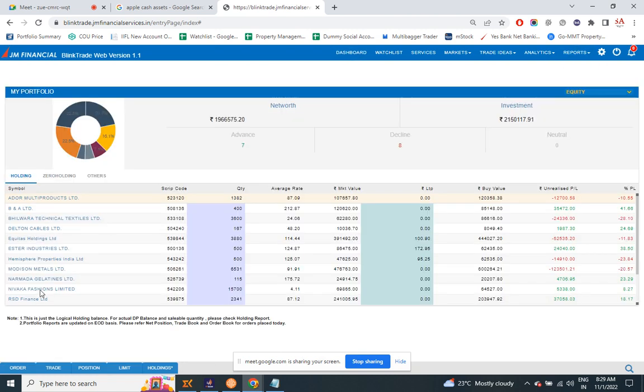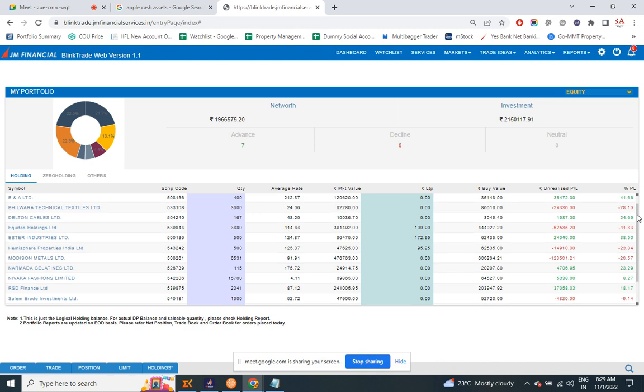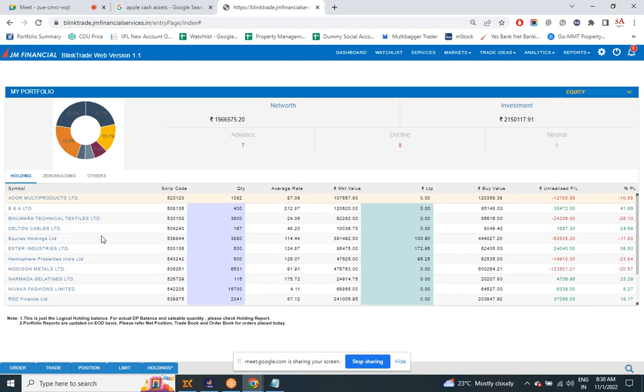These are all the companies in this portfolio. IIFL Finance, okay, not in this. Here we have Equitas. Even Equitas is very good, guys. 3,880 shares.